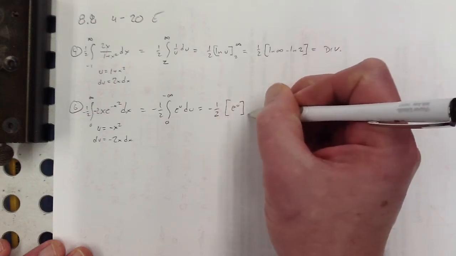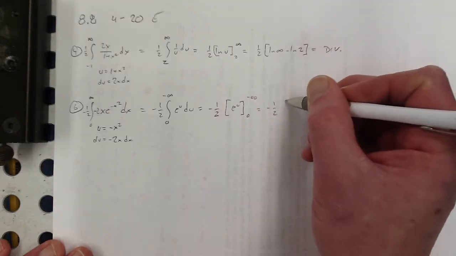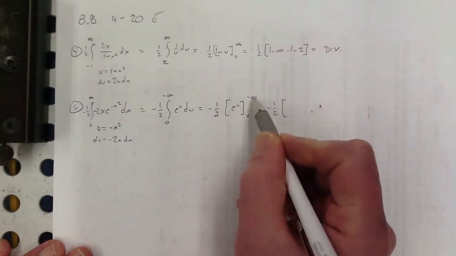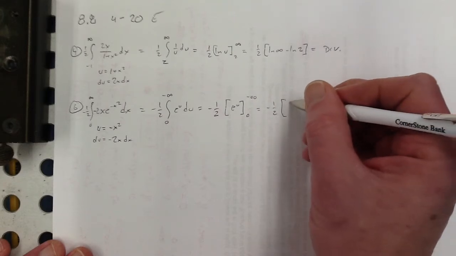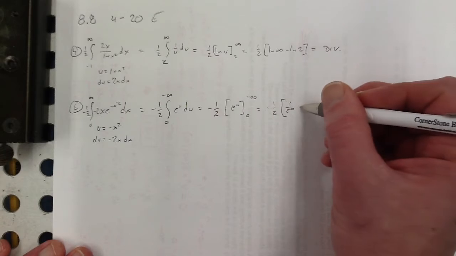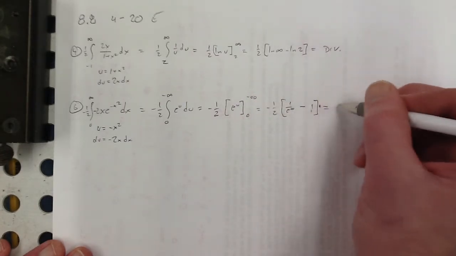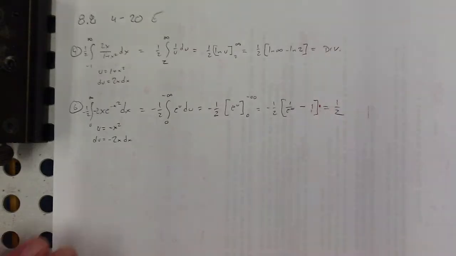The antiderivative of e to the u is e to the u. And e to the negative infinity means 1 over e to the infinity, which is going to go to 0, so it looks like we're going to get an answer, minus 1. So it looks like we got ourselves an area, 1/2.